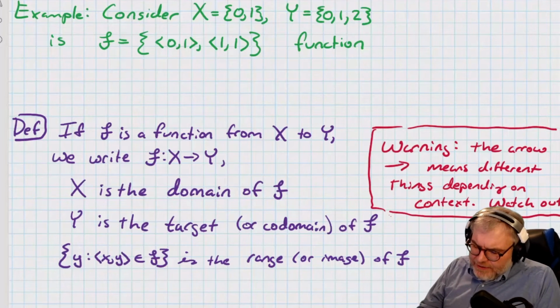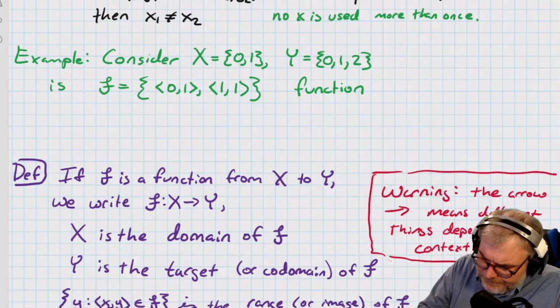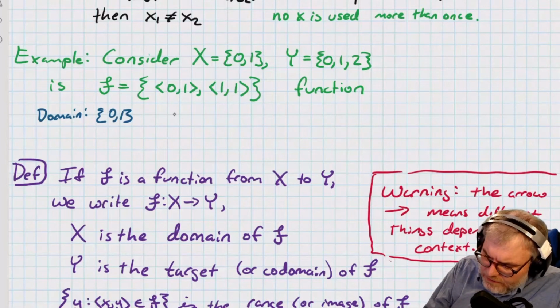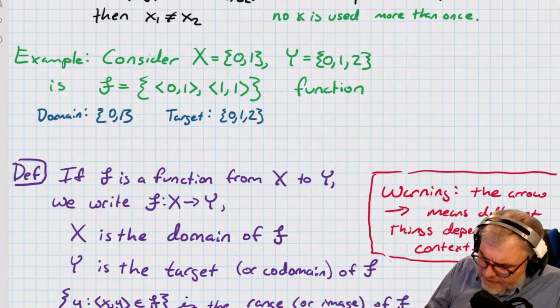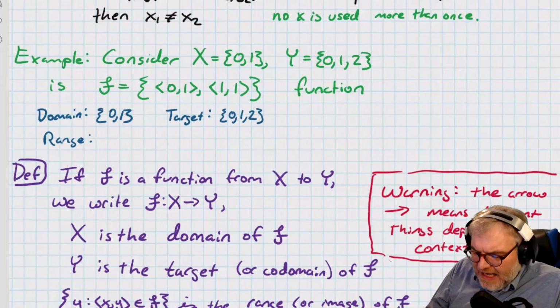So let's look up here. In my example, the domain is X, which was 0 and 1. And my target was Y. And the image, or range, of this function would be the Y values that I actually hit.